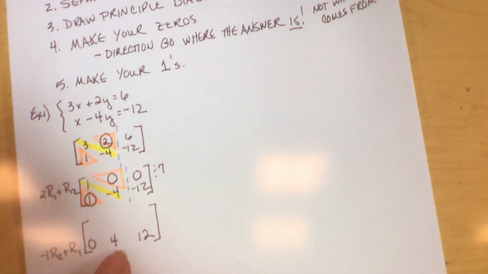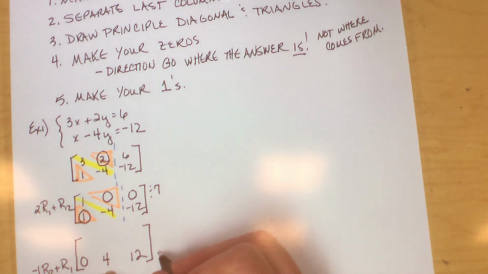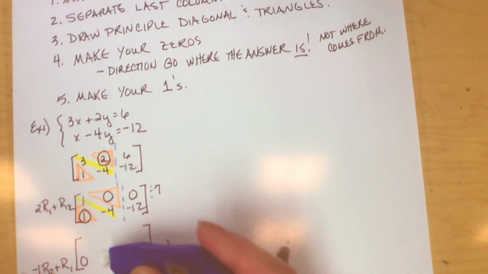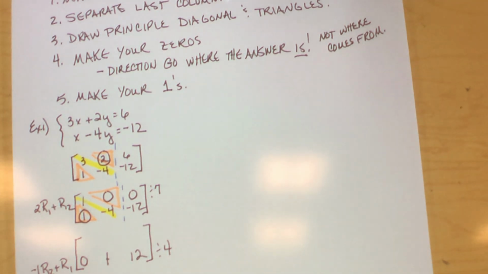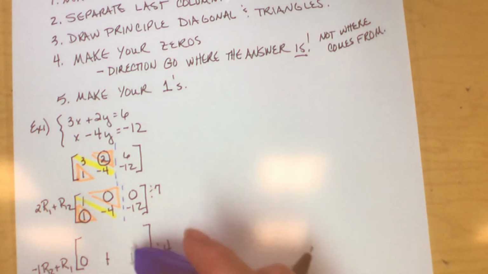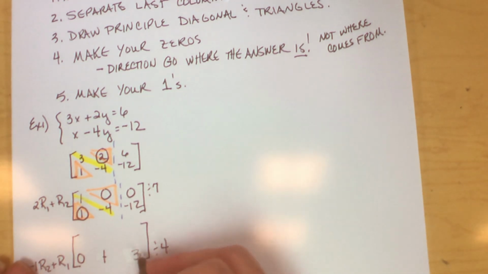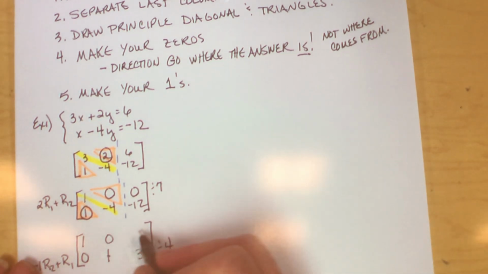So what am I fixing to do? Divide by 4. What's 4 divided by 4? 1. So I'll erase that 4 and put me a 1. What's 12 divided by 4? 3. And my first row is 1, 0, 0.